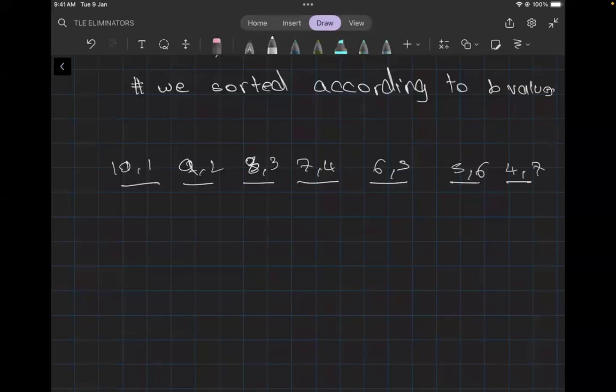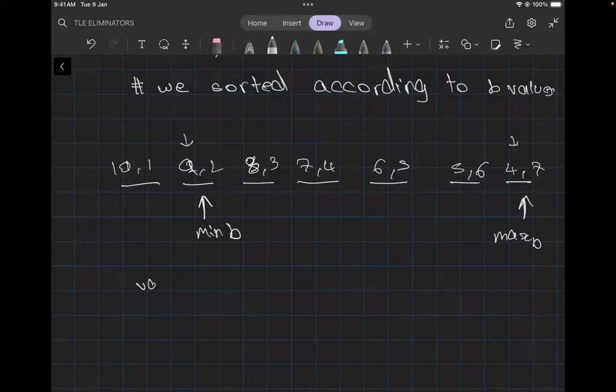For every pair, we fix what the min B is, since it is sorted in B values. I fix what the max B is going to be. Now, I know what this value is and this value is.